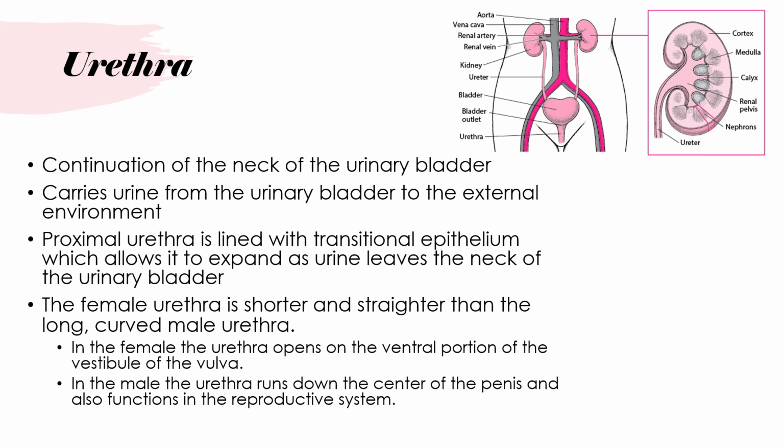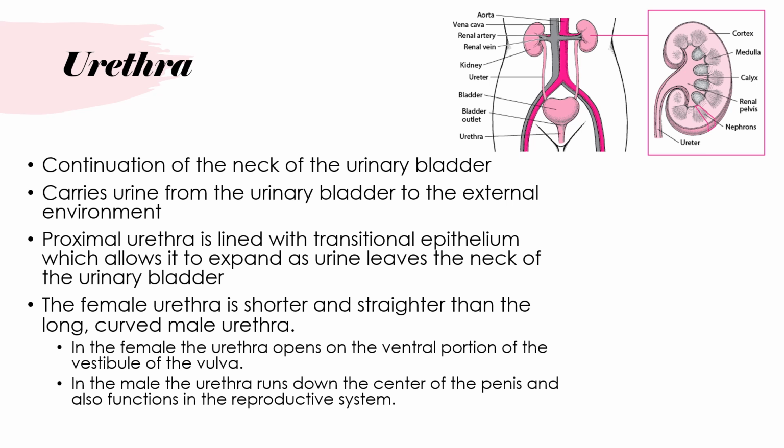The female urethra is shorter and straighter than the long, curved male urethra. That is so important to know. Star that. In the female, the urethra opens on the ventral portion of the vestibule of the vulva, the first compartment. In the male, the urethra runs down the center of the penis, and it also functions in the reproductive system.